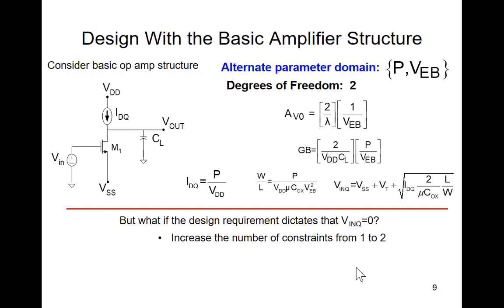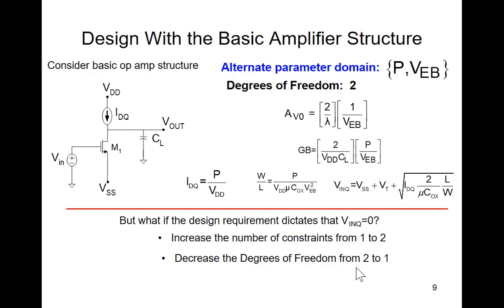Well, we can increase the number of constraints that we have from 1 to 2. One constraint we started out with was the relationship between VDQ and the W over L and the IDQ. I can also require that VDQ equals 0. But if I do that, I'm going to have to decrease the number of degrees of freedom I have in my design by 1.